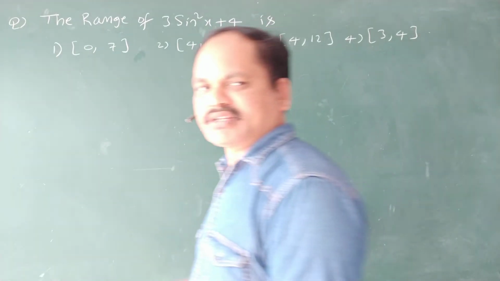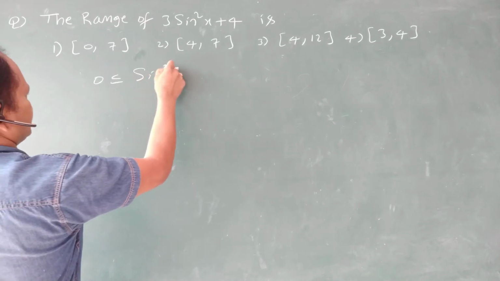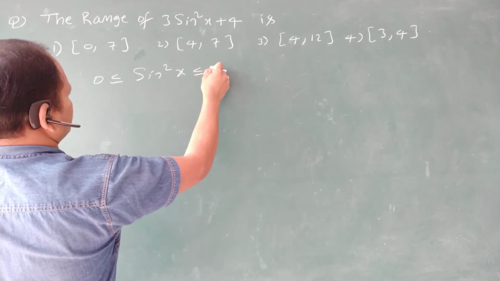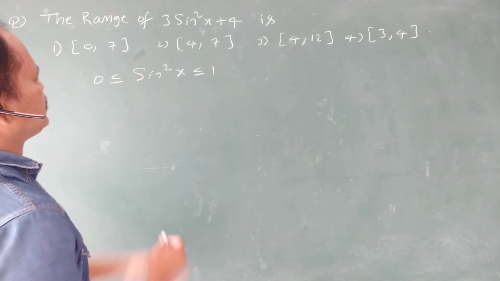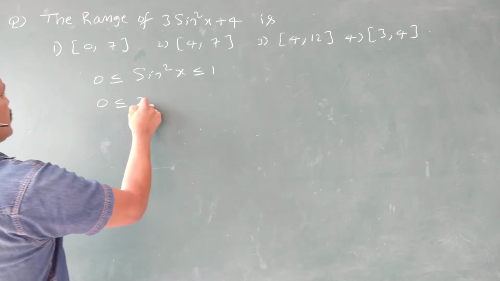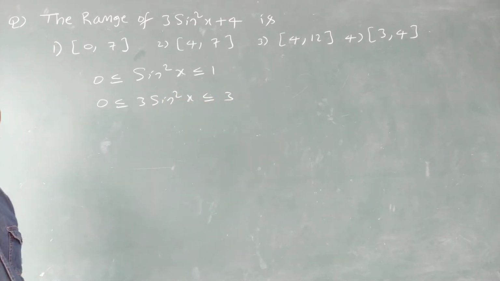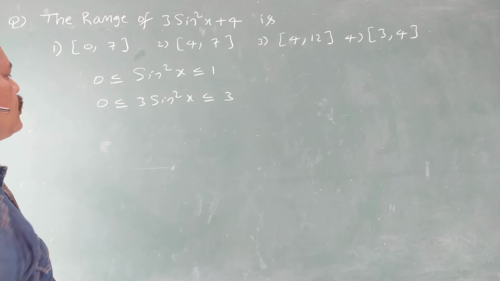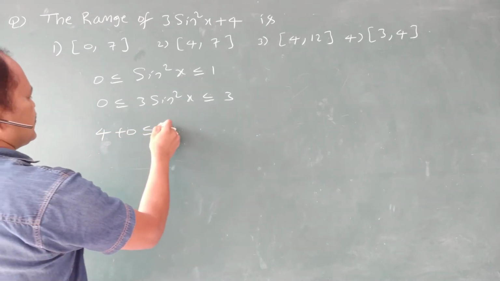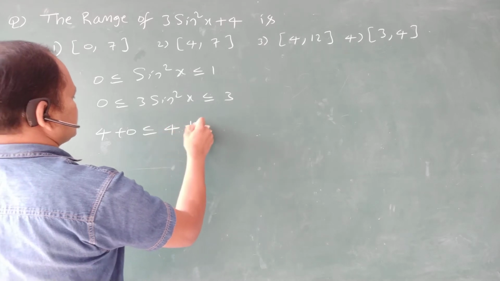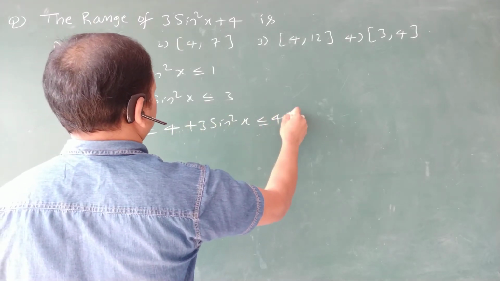Now we have to take the expression 3 sine square x plus 4. Actually we know that sine square x has minimum value 0, maximum value 1. That's why sine square x lies within the interval 0 to 1. So 0 less than or equal to sine square x less than or equal to 1. For this, multiply with 3: 0 less than or equal to 3 sine square x less than or equal to 3. Now add 4 on both sides. That's why 4 plus 0 less than or equal to 4 plus 3 sine square x less than or equal to 4 plus 3.